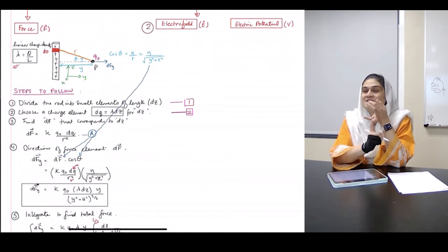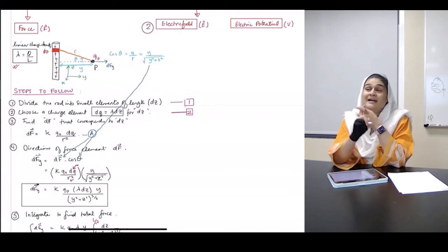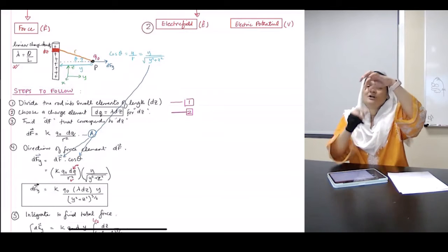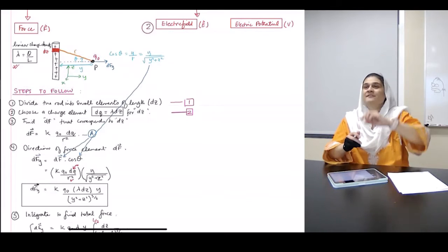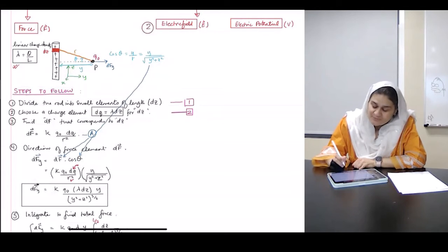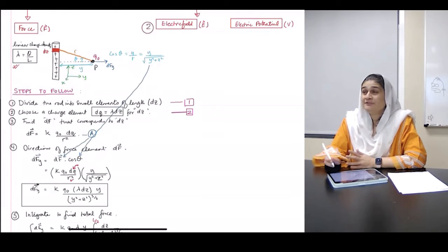We will choose the same charge element, and we will choose the same dz. Our lambda is also going to be Q over L, where Q is the charge on our length. Except for number 3, since we are not finding dF, but instead we are finding E, the electric field.